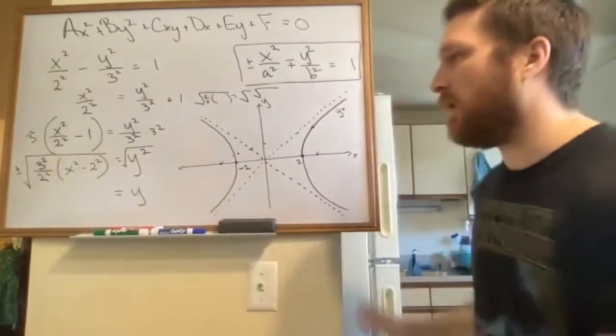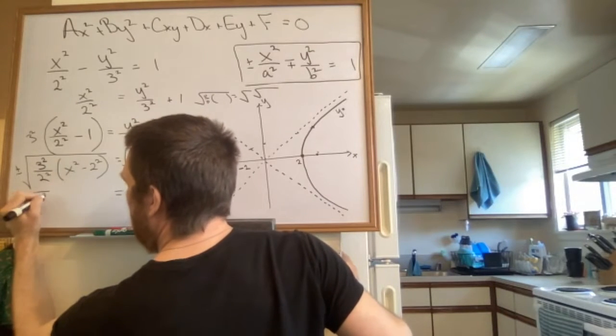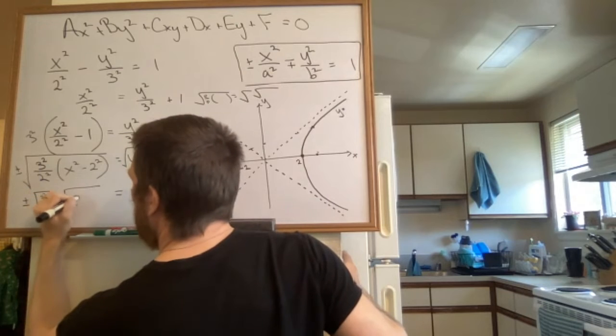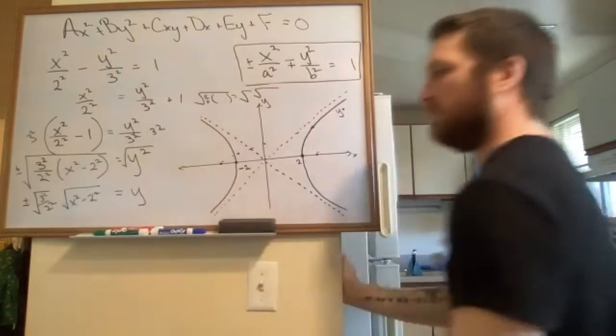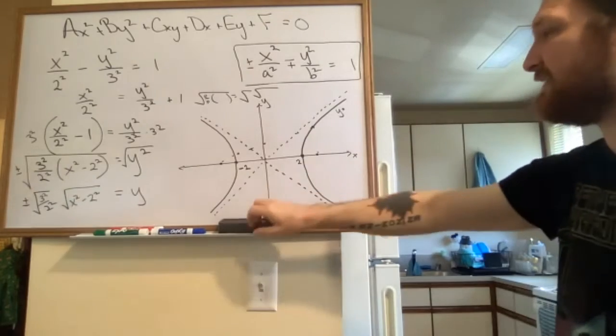In other words, this is plus or minus the square root of 3 squared over 2 squared times the square root of x squared minus 2 squared, which I could simplify. And that's the idea here.